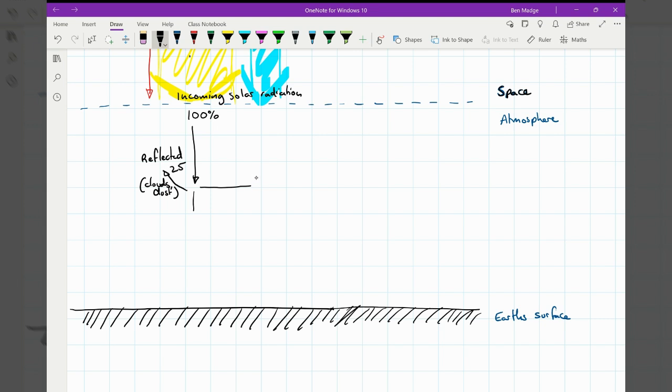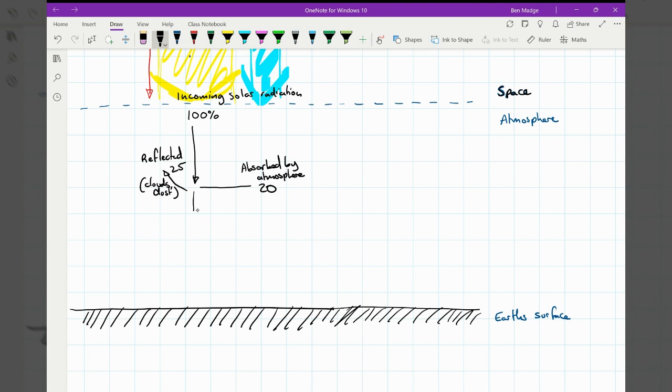So things like the UV band of radiation are absorbed by the ozone layer. That's 20.